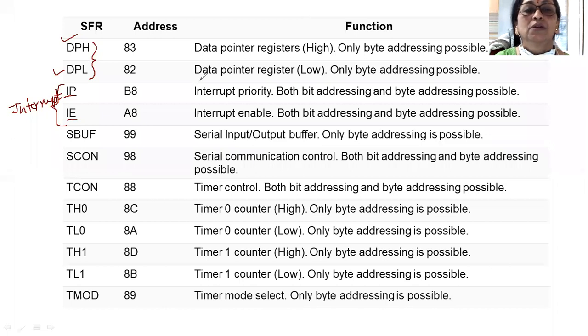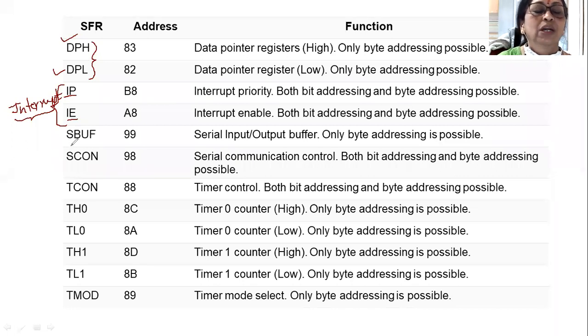Okay. So interrupt is a signal which is used to grab the attention of the CPU. This attention of the CPU can be grabbed for many purposes.